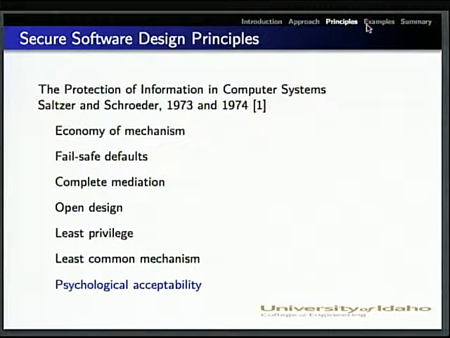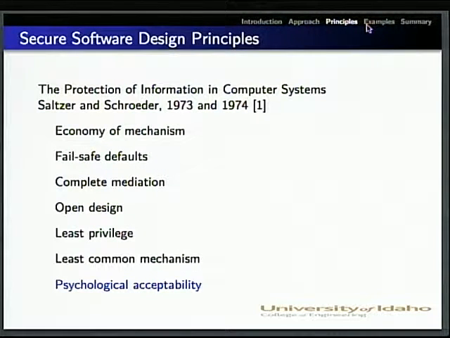And then psychological acceptability, and I'm also going to add in here psychological and social acceptability. An example of this would be if your bank website, or a website that you need to connect to every day in order to perform your job, requires you to enter 10 different passwords. Then that's probably not going to be psychologically and socially acceptable to most of the employees.